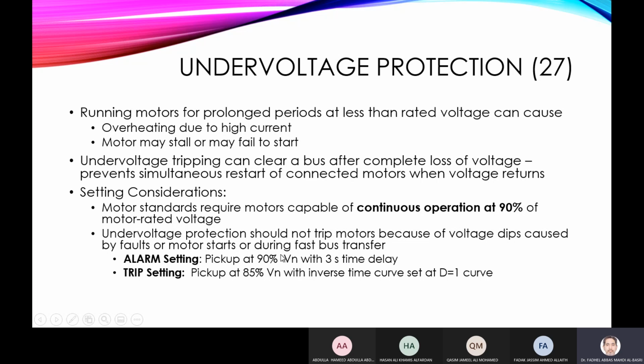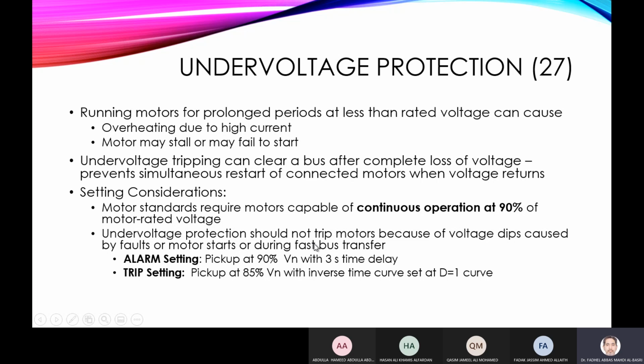Or sometimes we have fast bus transfer. Sometimes we transfer a motor from one bus to another, if the bus needs to be maintained or has a bus fault. If you transfer the motor from one bus to another, the bus will be dead before it gets transferred, and now we'll have a dip in voltage.